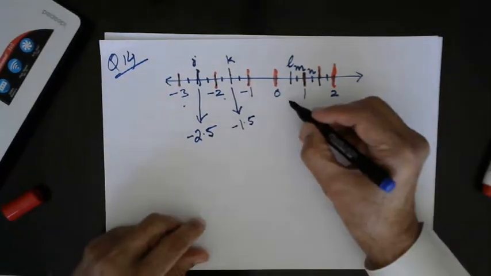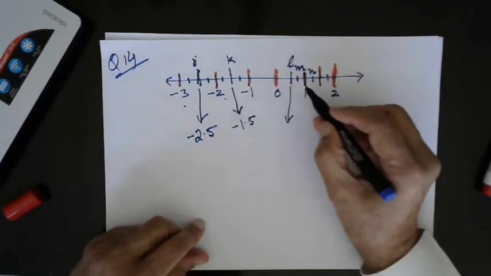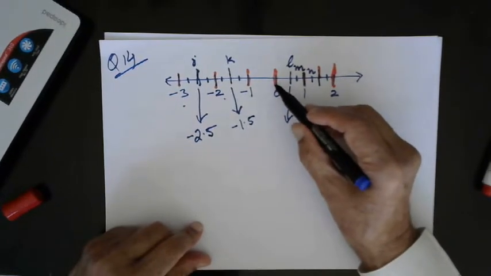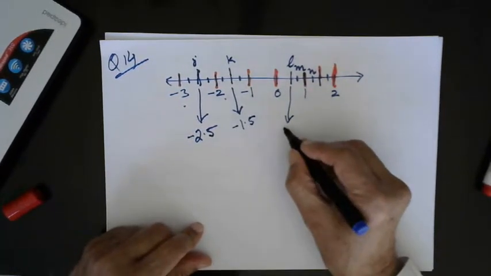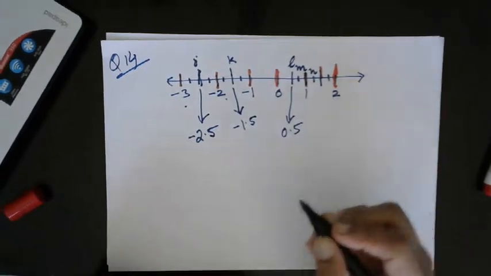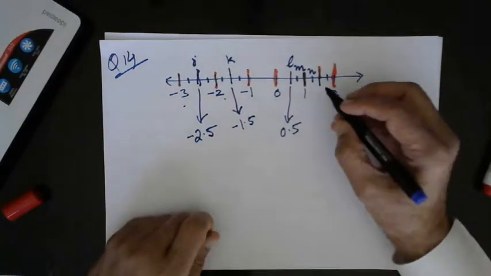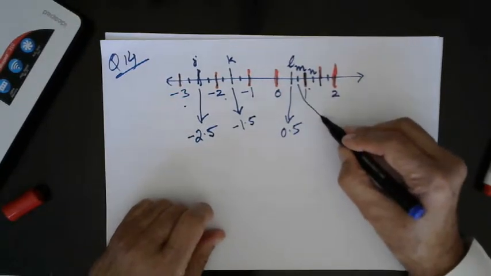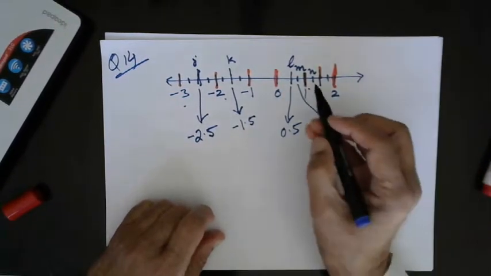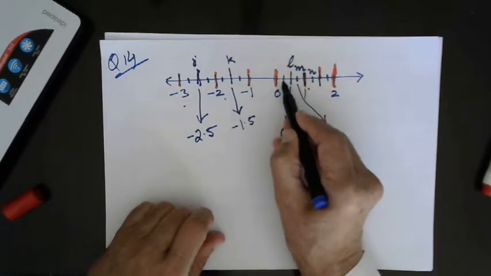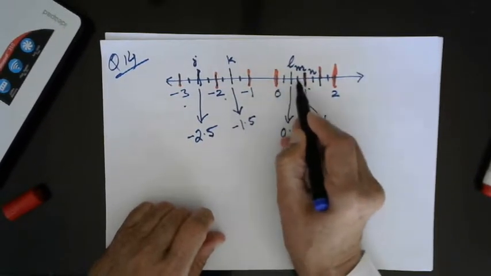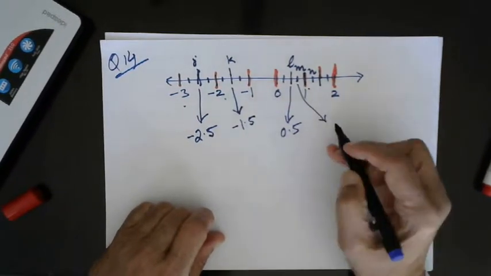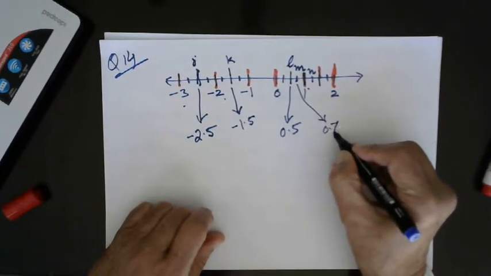If you look at this point L, it is halfway between 0 and 1. So this must be 0.5 or half. If you look at this point M, this is 3/4 from 0. So this will be 0.75.